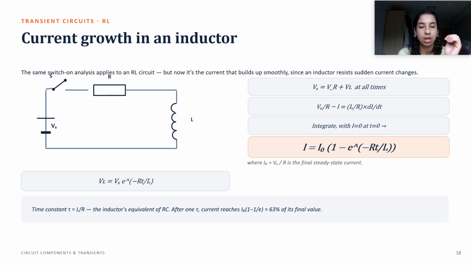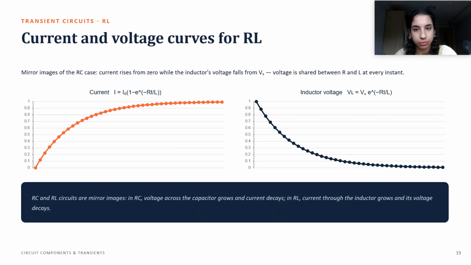To find the voltage in the inductor, we get the supply times e to the power of minus Rt over L. Now, we have graphs here for RL circuits as well, the current versus time and voltage versus time.